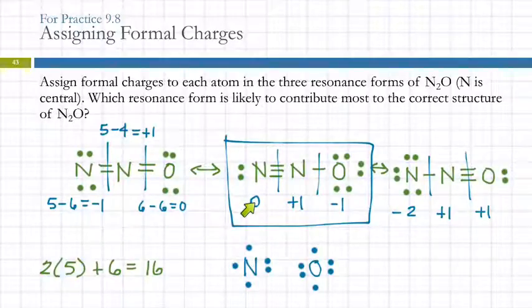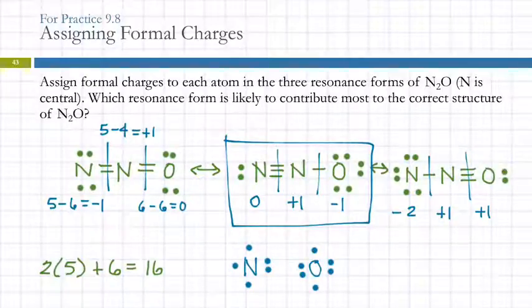It has a formal charge of 0. Oxygen likes to make 2 bonds. Over here, where it's made 2 bonds, it has a formal charge of 0. Over here, where it has 1 bond, it has a -1. Over here, where it has 3, it has +2. If you have the correct number of bonds, then the formal charges are going to be 0.